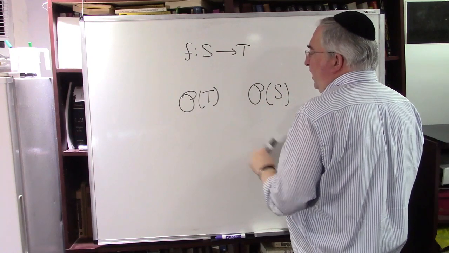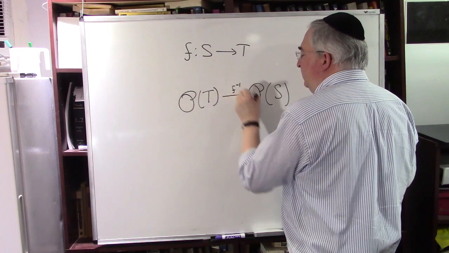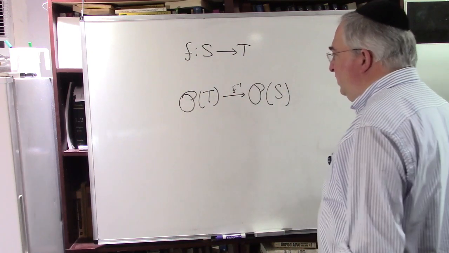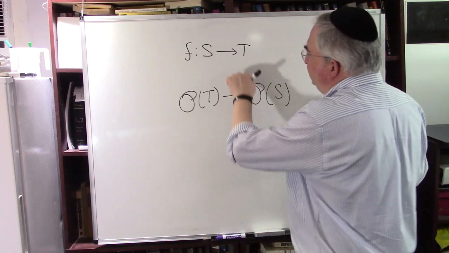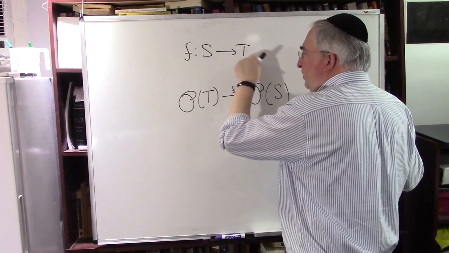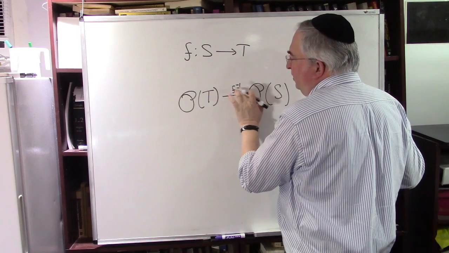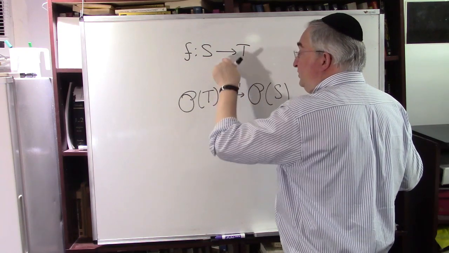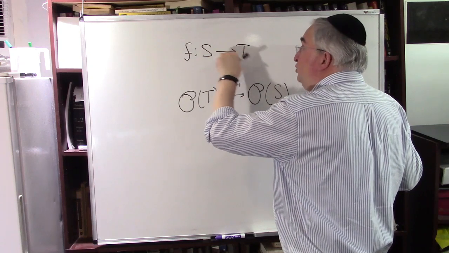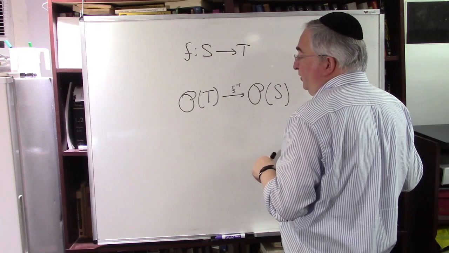Okay, and we have this f minus 1 of x. That takes a subset of t back to s. This is called the preimage functor, and it takes a subset of t to those things that go to that subset of t.